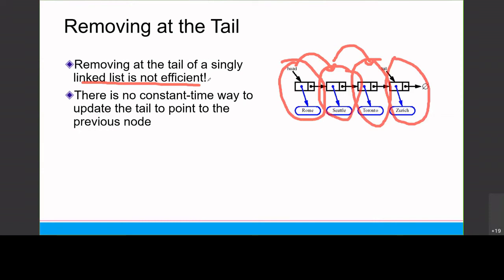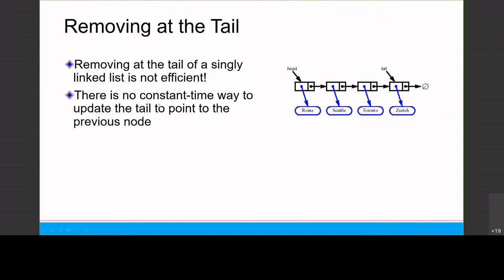So if we remove at the tail, we need to remove from the beginning until the end. That's the weakness of the singly linked list. There is no constant time way to update the tail to point to the previous node.